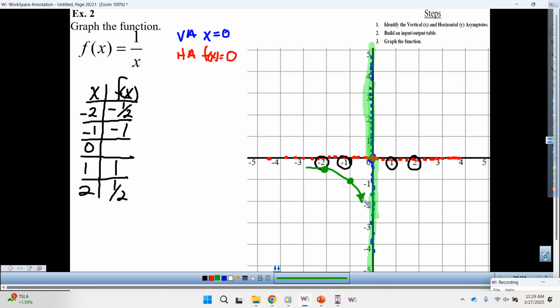And then an arrow like so, and an arrow like so, indicating that you're getting closer to the asymptotes, but you're not touching the asymptotes. Go to the top. 1, 1. 2, 1/2. Same thing. Curve it, arrow, and arrow. And there you go.